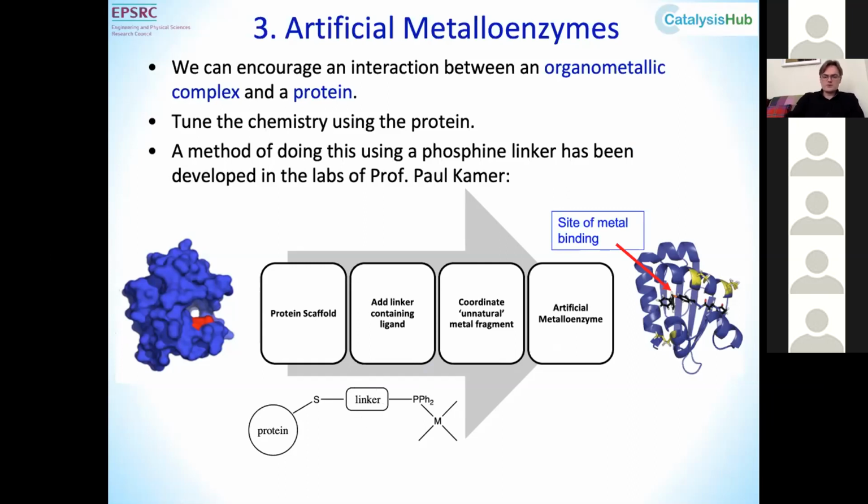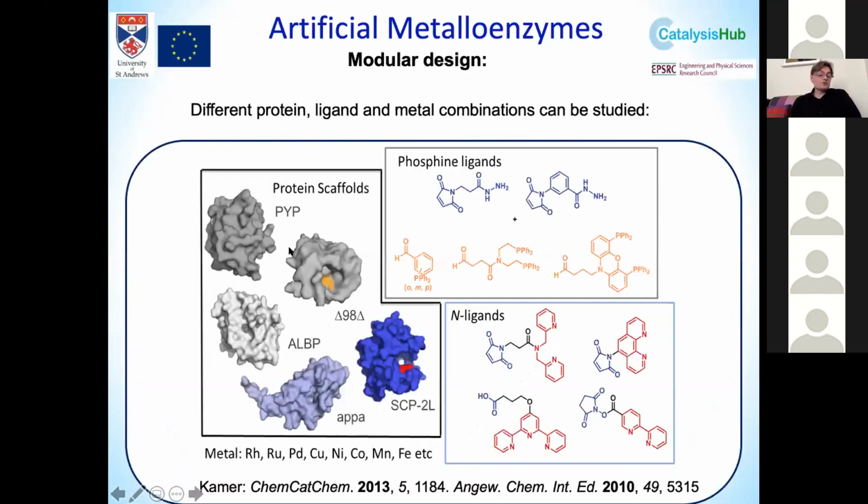And so you get to control where the linker goes because you can control the amino acid sequence and where the cysteines are present in the polypeptide, the primary structure. This modular design then allows you to change what proteins you're using and to change what ligands you're using.